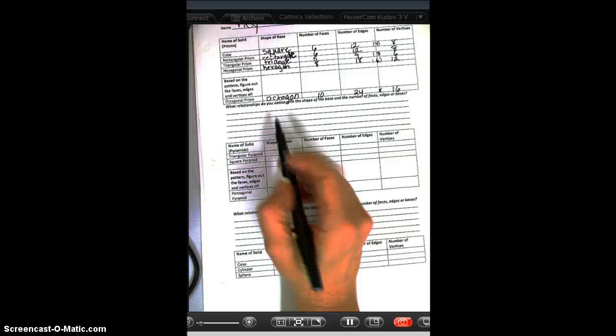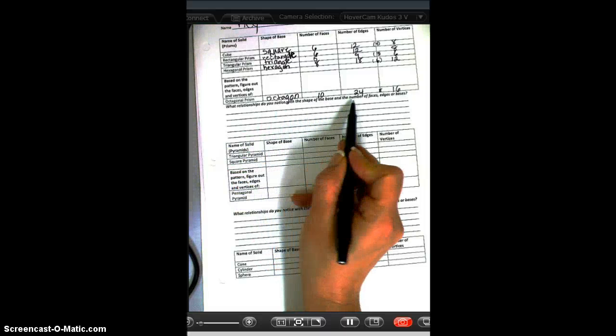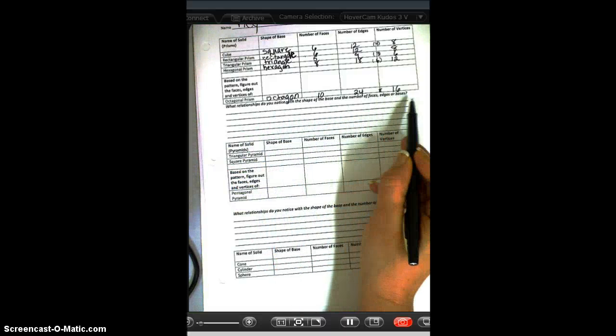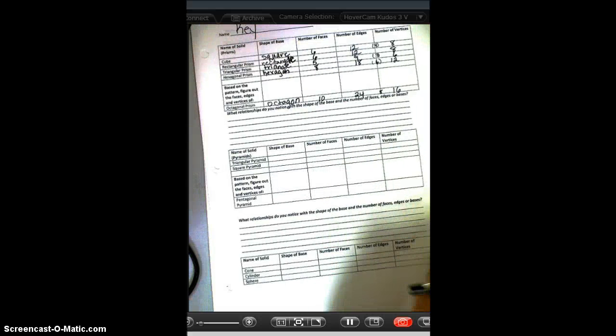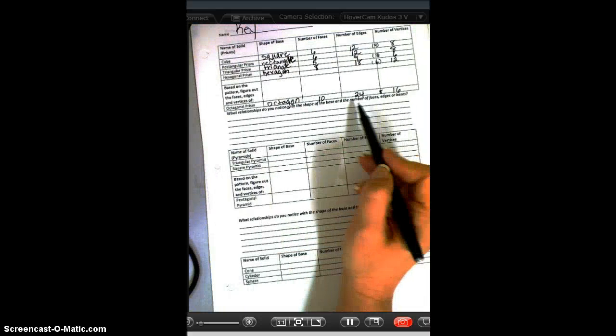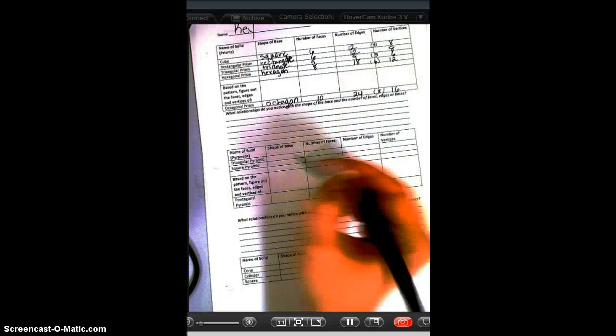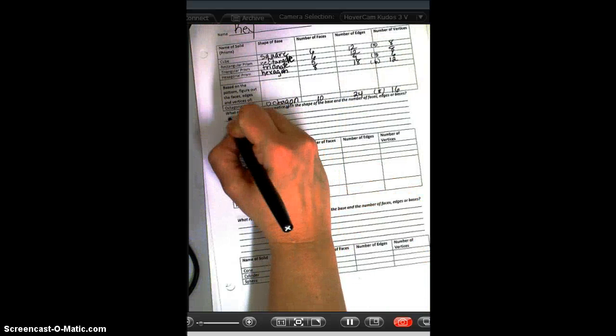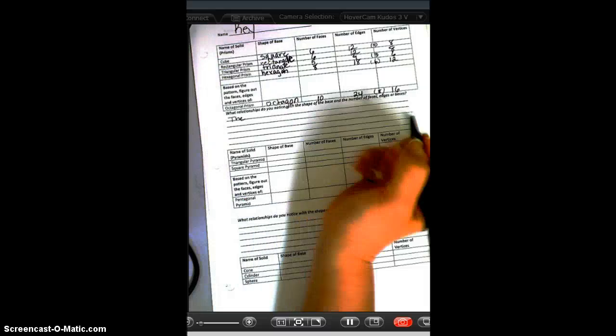What is the relationship to the shape of the base and the number of faces, edges, and or vertices? Well, we noticed one right here was that, let's see if I can put it into words.